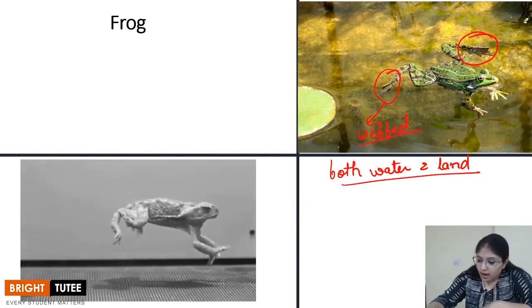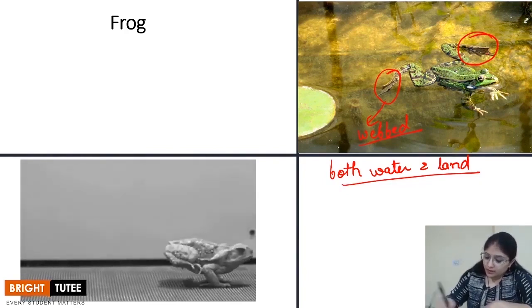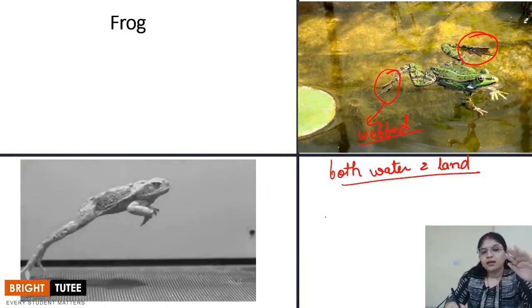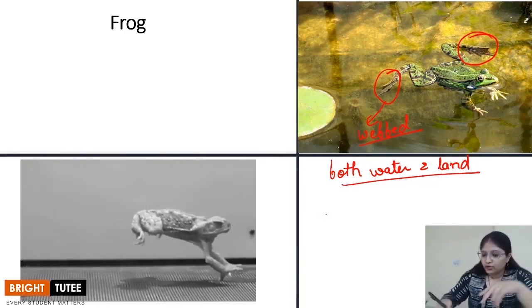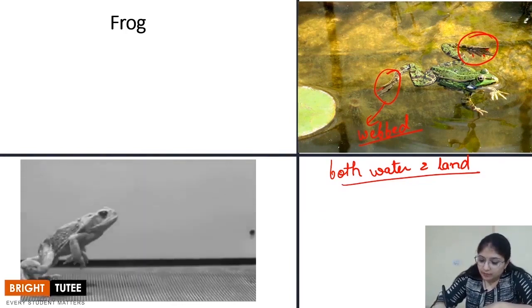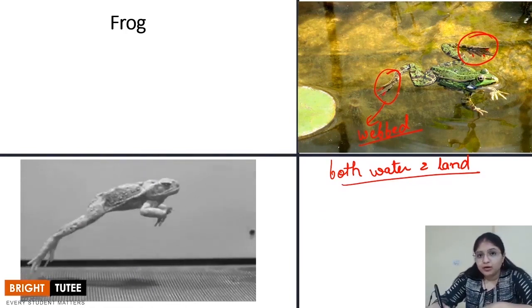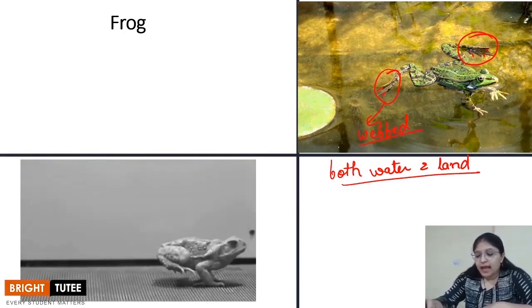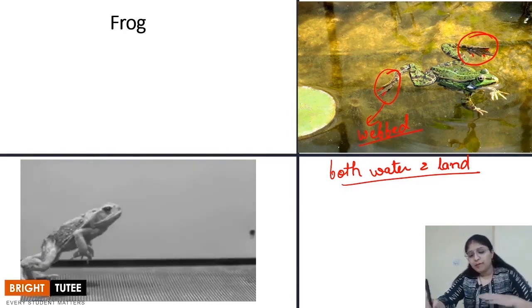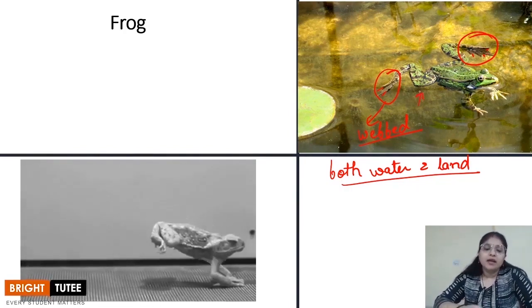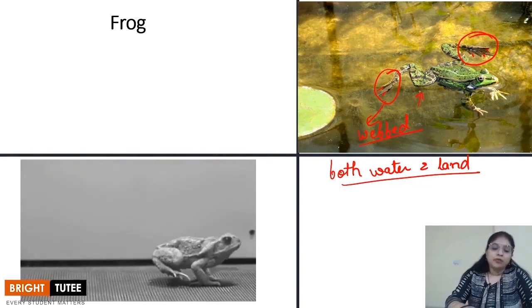You can see that there is webbing, which means there is a very light layer of skin between the two toes. So over here you can see how these animals have webbed feet, webbed legs, which help them in staying and swimming in the water. Apart from that, when we talk about the land, these same legs help it in moving forward.